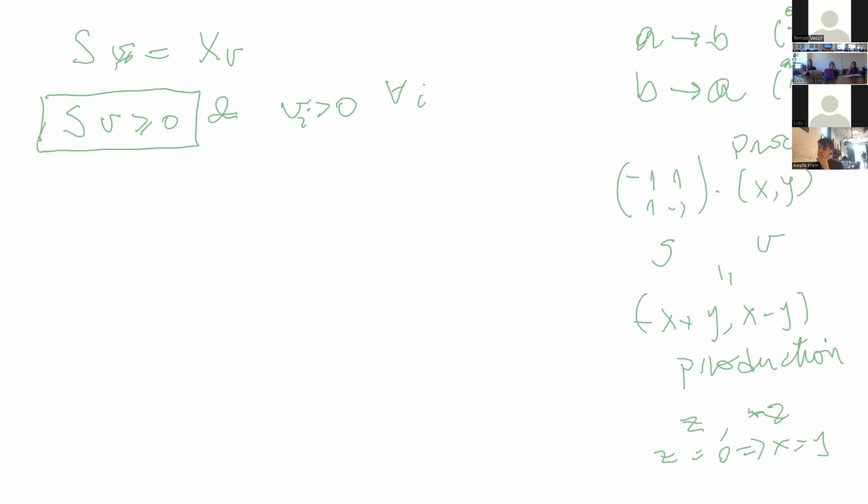This means that the production of all the species, the vector XV, which is equal to that, is larger than or equal to 0. That means no species is reducing its concentration.